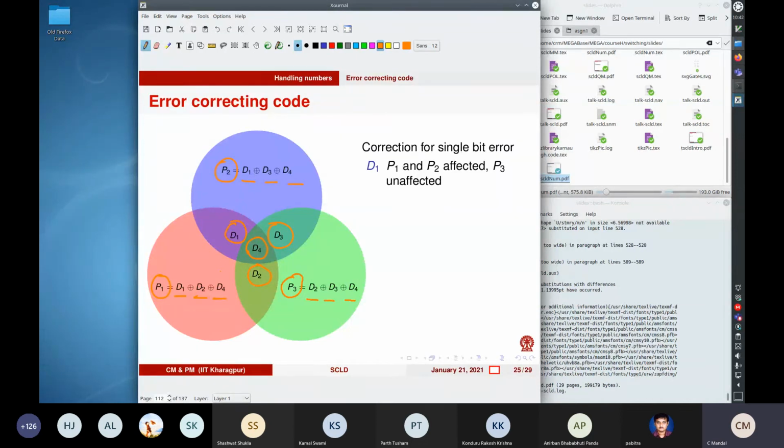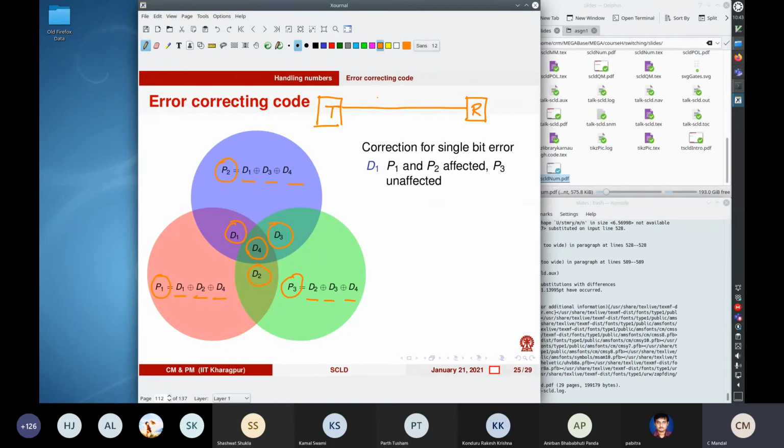All right. So let us see what happens. The situation is something like this. You have a transmitter here, and you have a receiver here, and you are sending these 7 items of data.